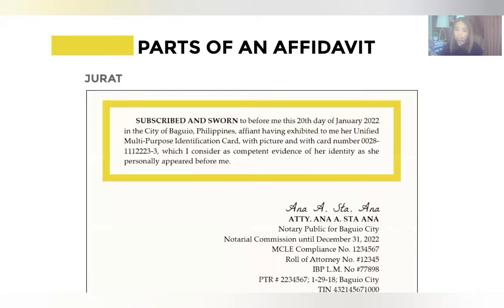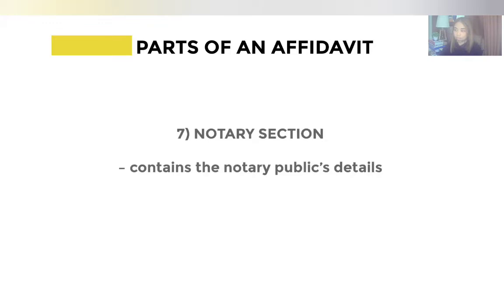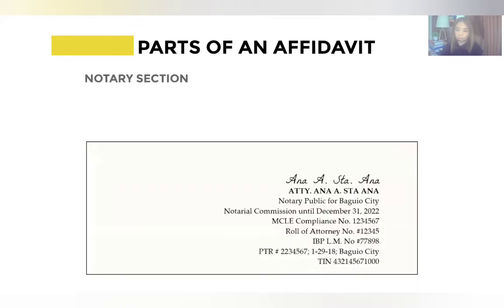Then at the end of the jurat is the notary section. This section contains the notary public's details, such as his or her name, office address, notarial commission date, MCLE compliance number, roll of attorney number, IBP number, professional tax receipt number, and tax identification number.